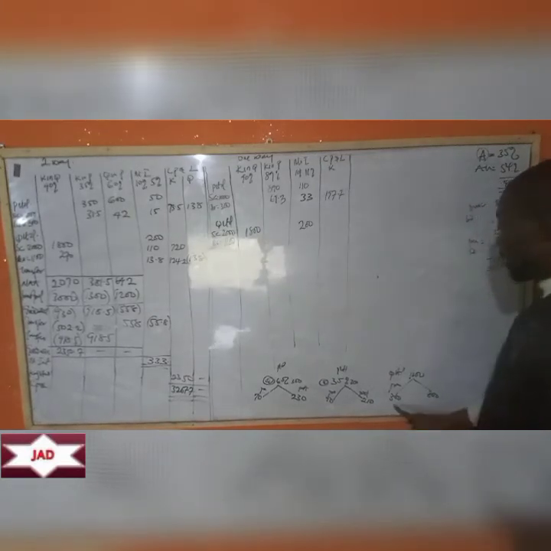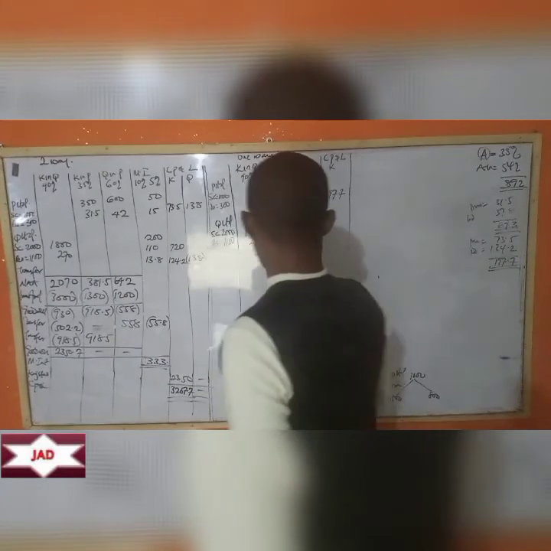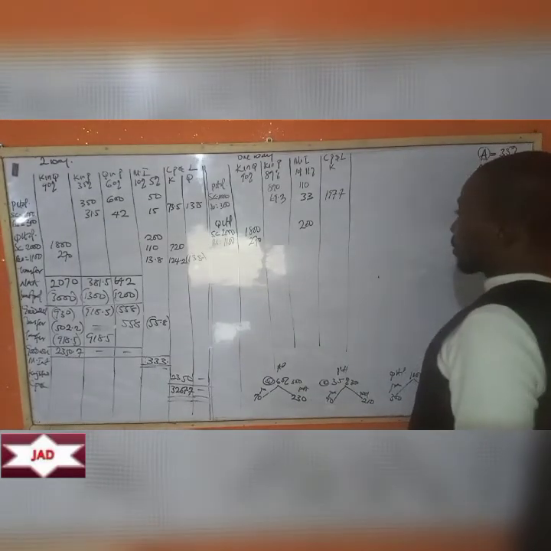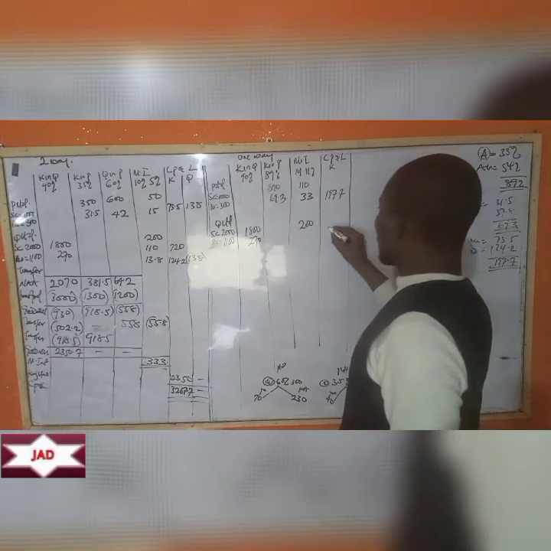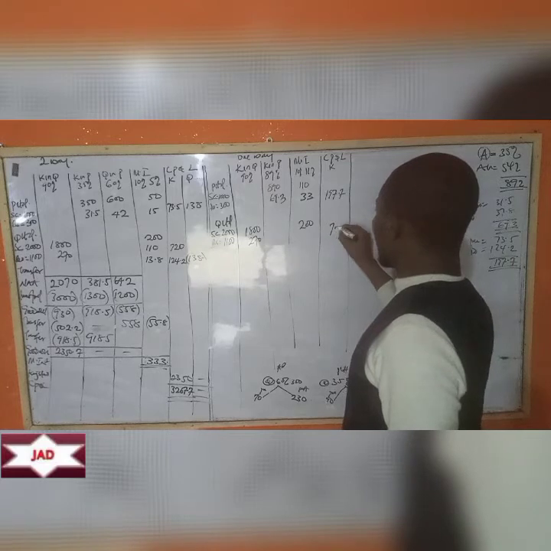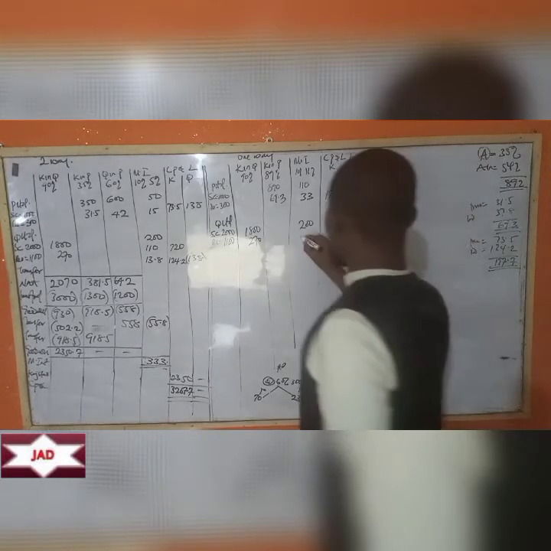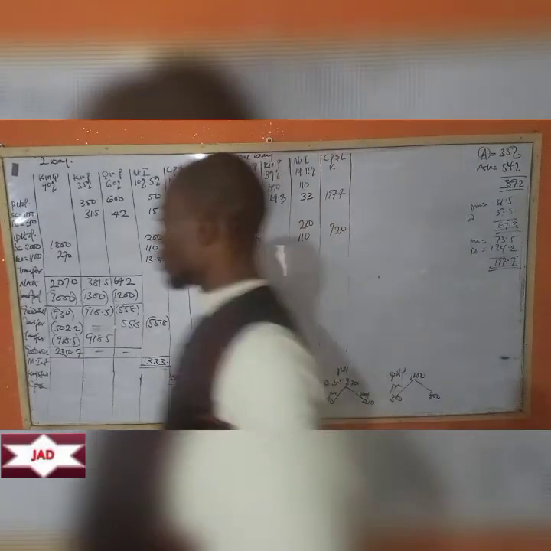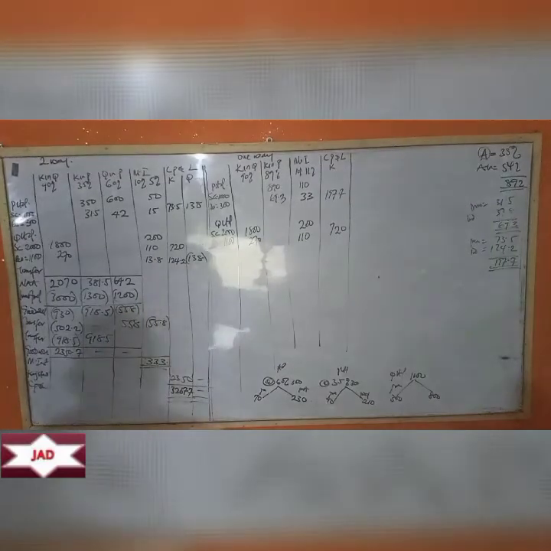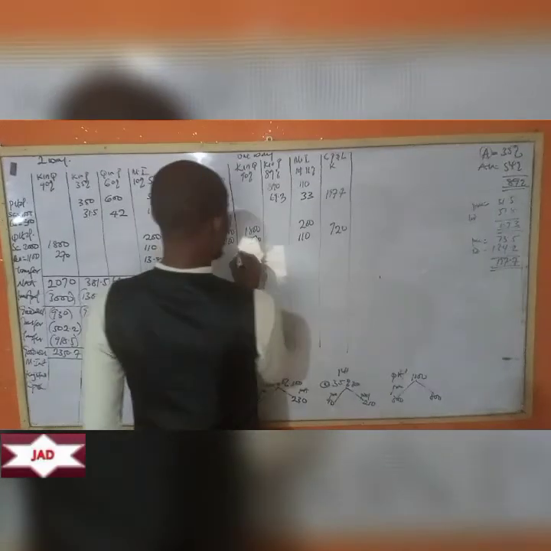So what's 90% of 300? That's 270. 90% of 800 is 720. Then what's 10% of this? 110. So if you add up these three, it should give you 1100.